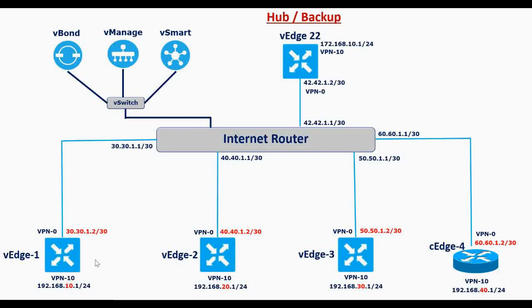That is, we configured inactive tunnels between these spoke devices, and whenever there is traffic coming from VH1 to 2 or 4, the tunnel status changes from inactive to active, and then the traffic goes directly between the spokes. And when there is no traffic, the idle timeout starts. After the idle timeout, it again comes back to the inactive state.